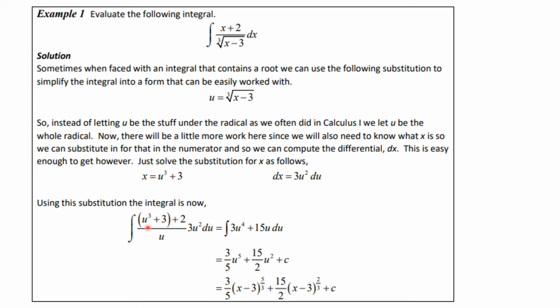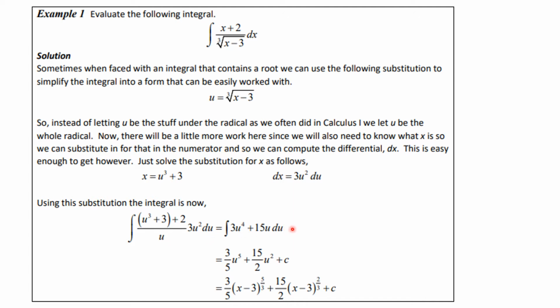And so here you have u cubed, and this is times 3u squared. So that is going to be 3u to the 5th, but then I divide by u. So algebra tells me that is 3u to the 4th. And here the 3u squared is taken times the 5, and 3 times 5 is 15. That's u squared over u still, and so we get 3u to the 4th plus 15u, and then it's just du.